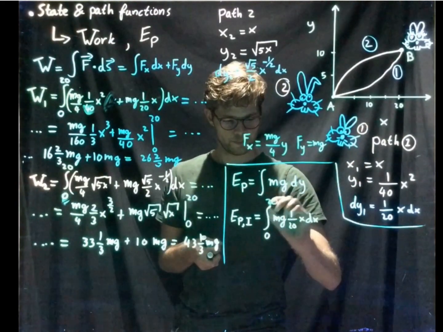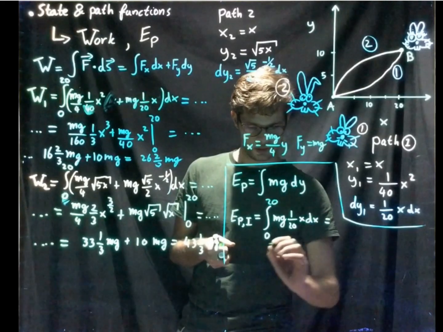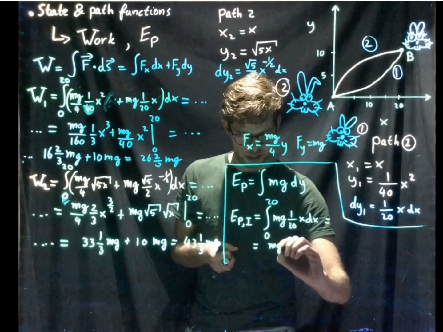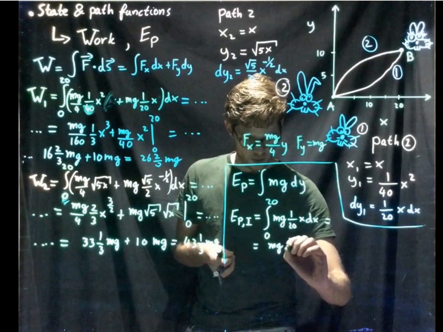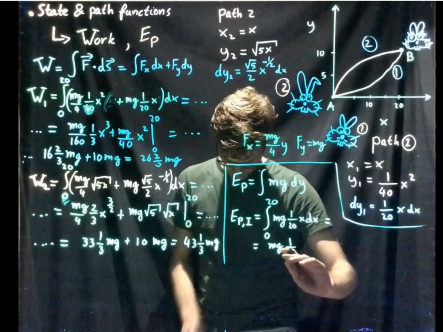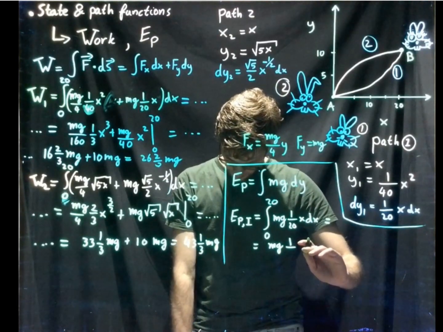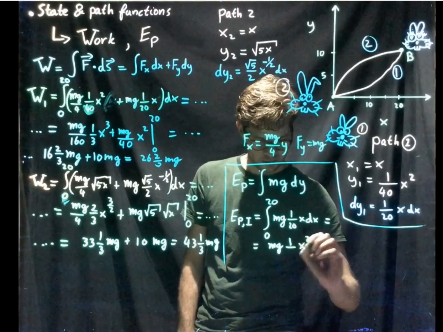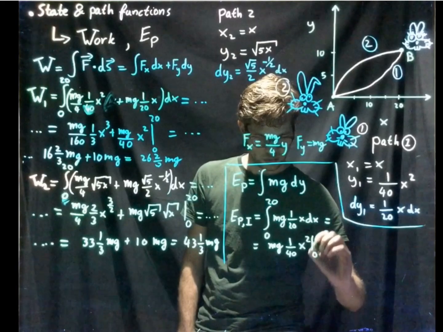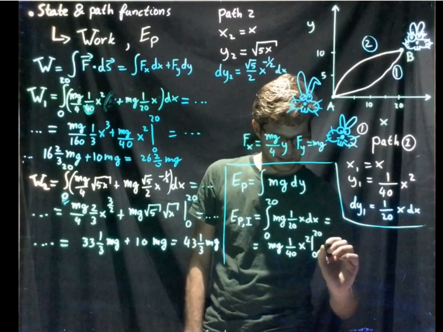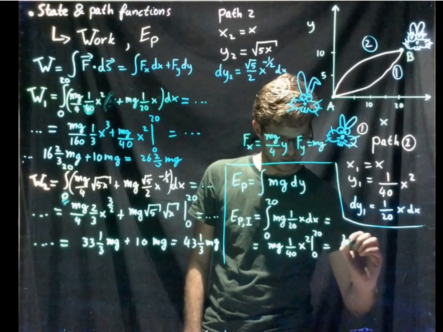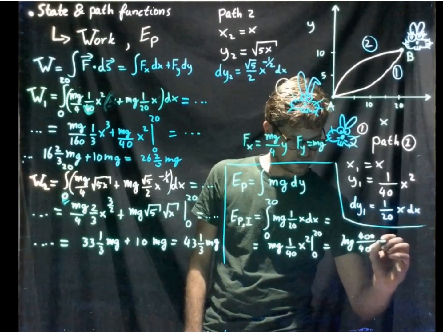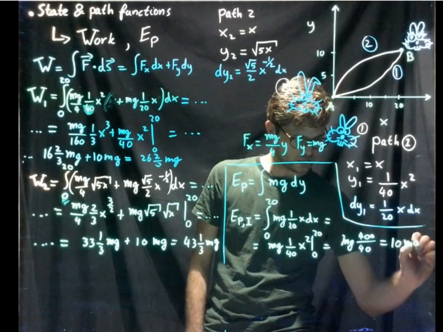This will lead to mg times 1 over 40 x squared from 0 till 20, and this will lead to mg times 400 divided by 40, which is 10 mg.